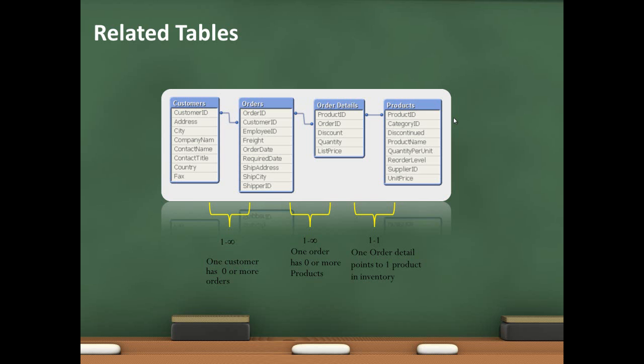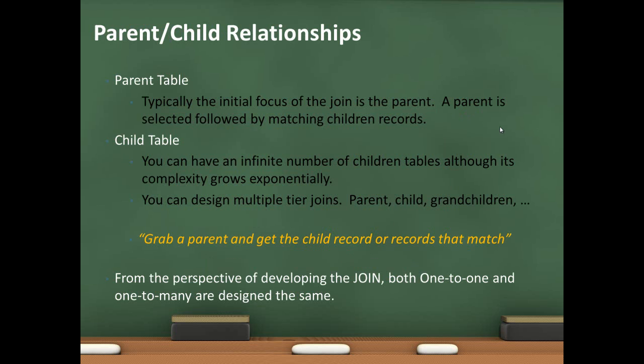If I put in part number XYZ, I better find only one item that matches XYZ. Otherwise, if I ship that to my customer, I might ship them the wrong item and they would be upset. So that would be an example of a one-to-one relationship. One product has one part number, and that part number is what's going to be stored in order details.